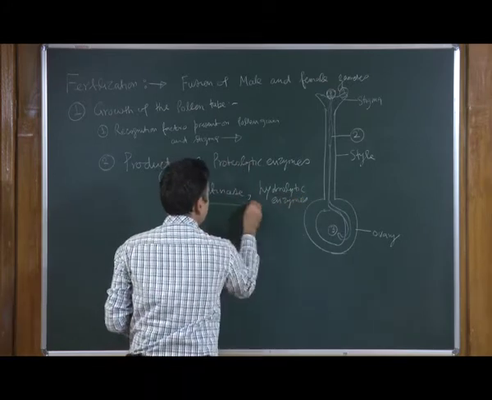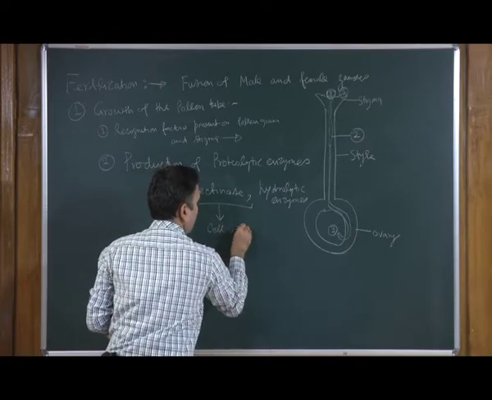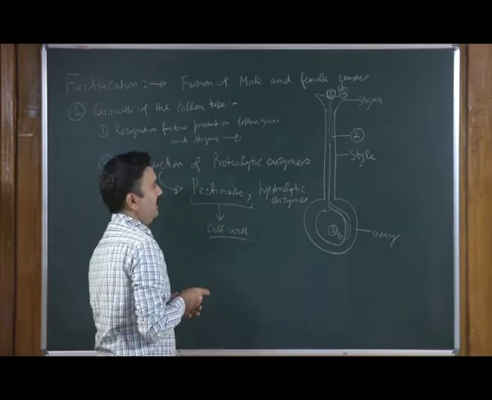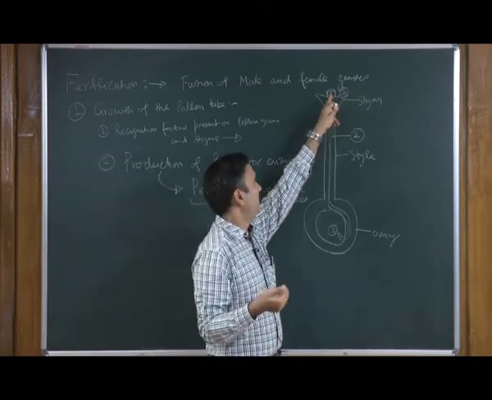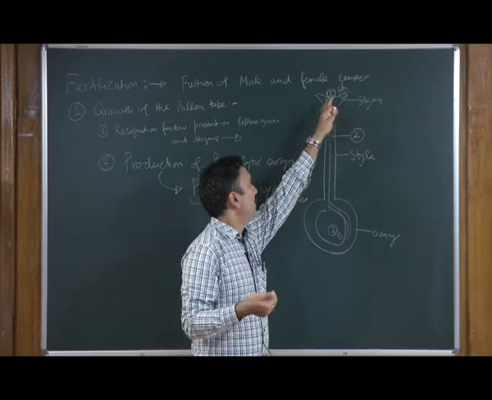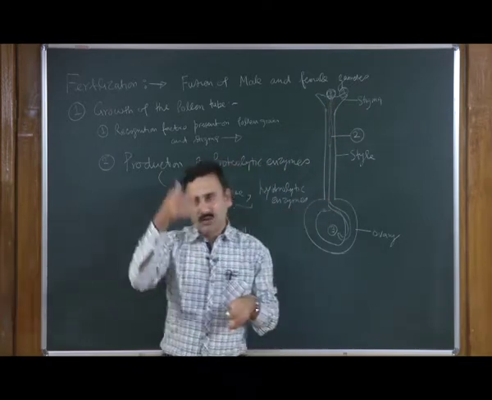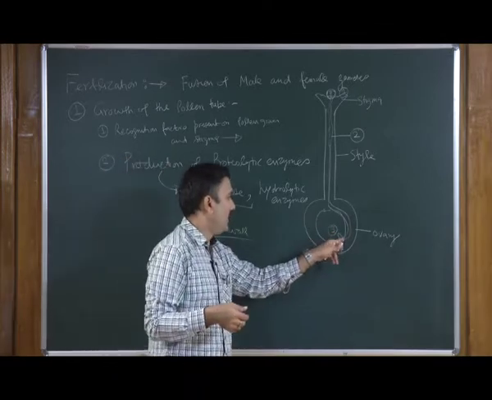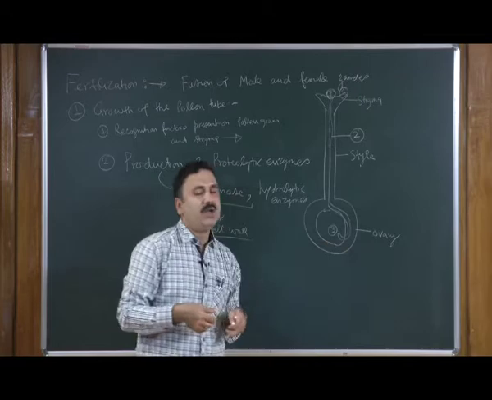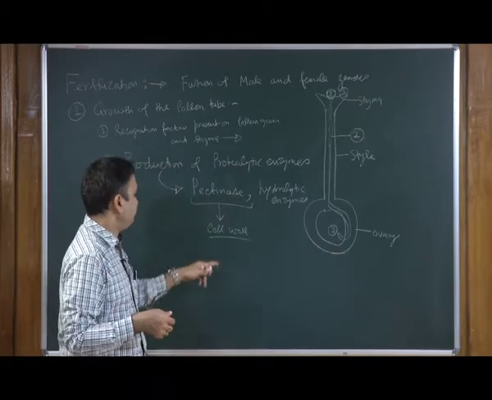So, pectinase is actually degrading the cell wall of the cells which are adjoining together and making the stigma, so that it will make a passage for the pollen tube to grow within the style, and it will also help in getting entry into the ovary part or into the ovule.